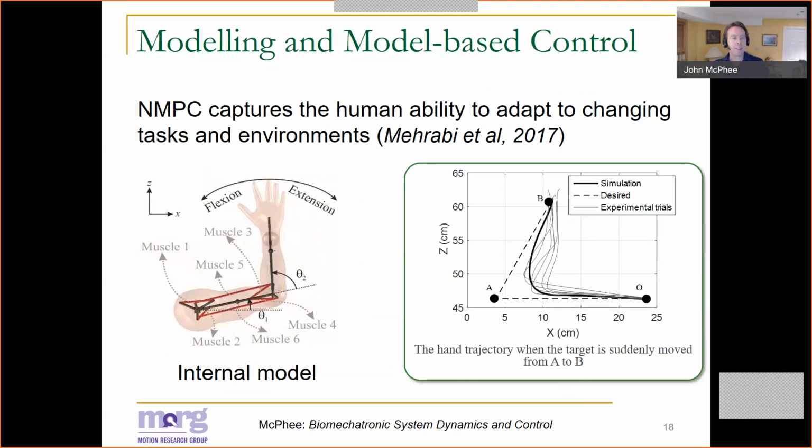It's been shown that NMPC captures our ability to adapt to changing tasks and environments.